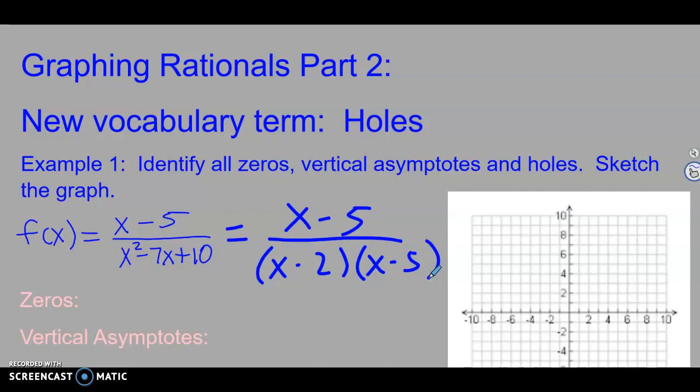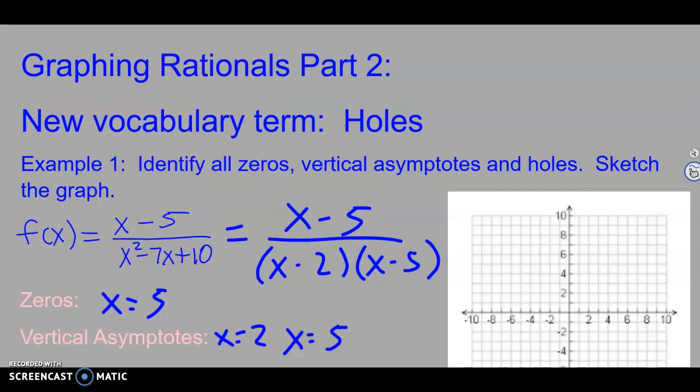And so now we need to come up with our values that represent our zeros and our vertical asymptotes. Well, we said what makes the top be 0 makes the whole function be 0. What makes the bottom 0 makes the function undefined, and vertical asymptotes represent undefined values on the graph. So when we go to actually create this graph, we're going to have an issue.